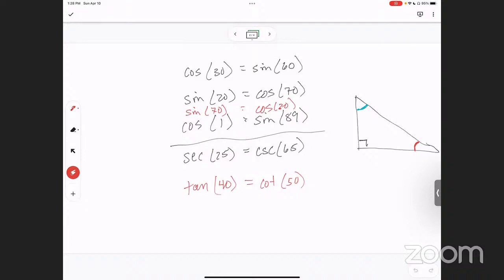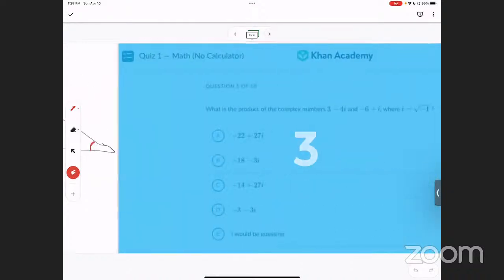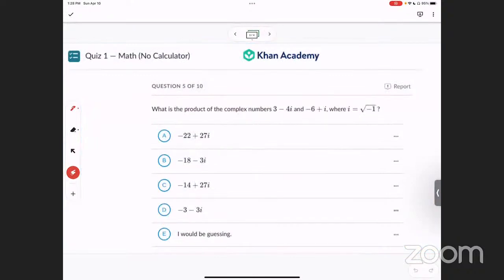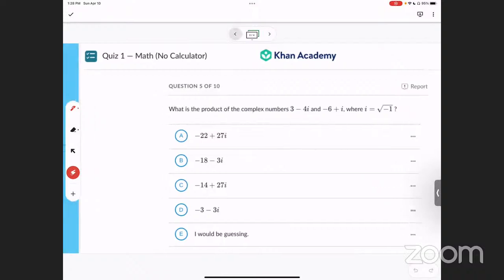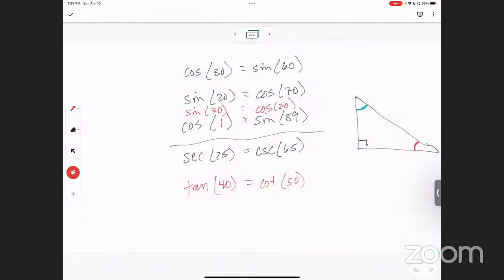Got it. That makes sense. I guess I was wondering, would I need to know all the trig equations then? Here's the thing. You don't really want to memorize the trig equations because that's hard to do, but you want to understand the concepts of those equations. You want to understand deeply the concepts.